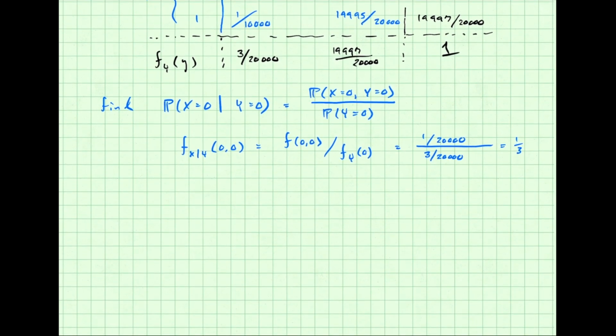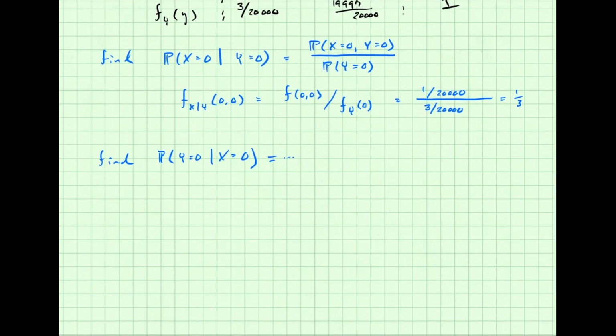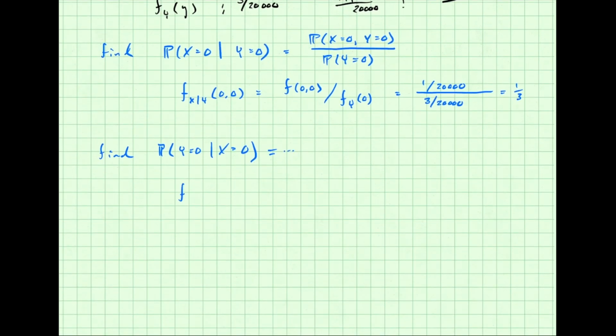Okay, and so it turns out you can do this same thing. The exercise in the notes has you do the exact same thing but with x and y in reverse. So it says also find the probability that y is equal to 0 given that x is equal to 0. And this is sort of anticlimactic, because you can write it like this.